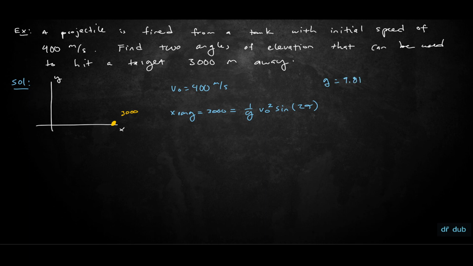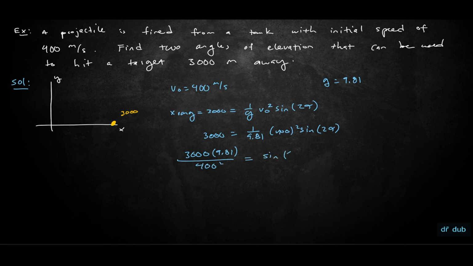I'm going to need a calculator on this. So 3,000 equals 1 over 9.81 times 400 squared times sine of 2 alpha. Let's multiply by 9.81 and then divide by 400 squared. So 3,000 times 9.81 over 400 squared equals sine of 2 alpha.